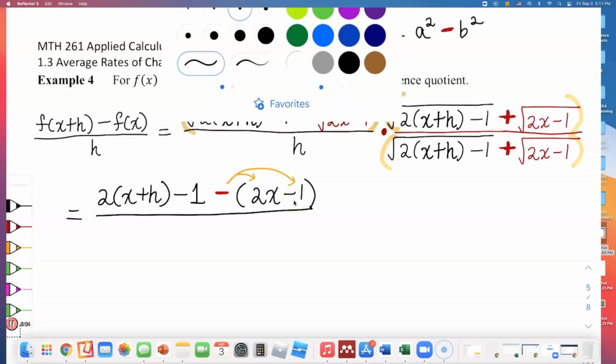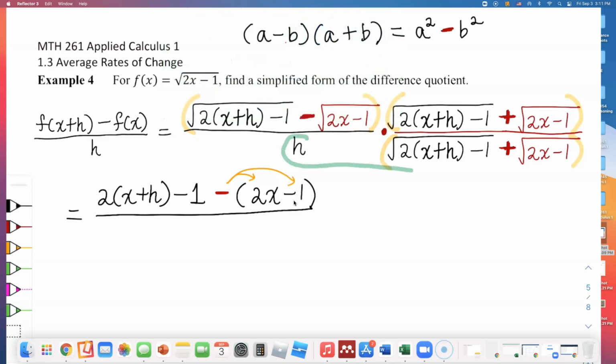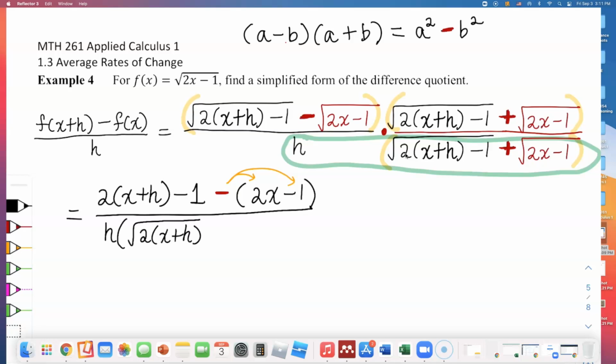All right, let's look at the denominator. The denominator, we can't really do much. It's going to be h times this whole thing. So I'll write that down. That's going to be h times square root of 2 times x plus h minus 1, but both are under the square root. And then I need the plus sign, square root of 2x minus 1.